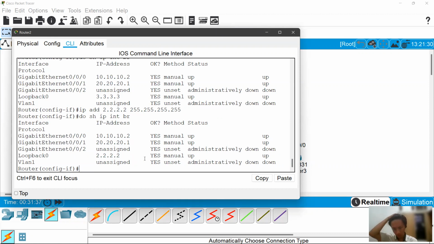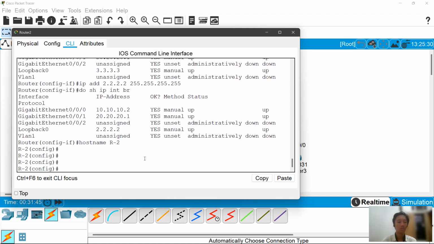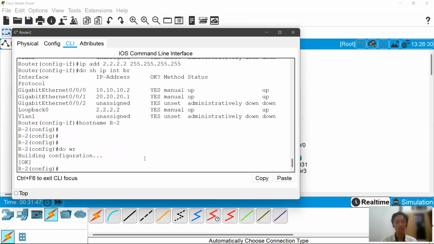Okay, to make it easier, we change the host name. Don't forget to write.